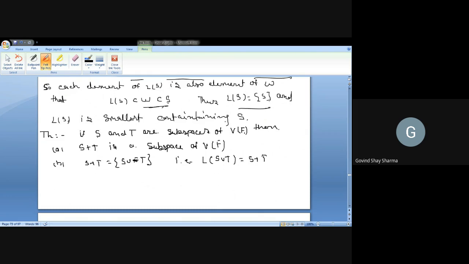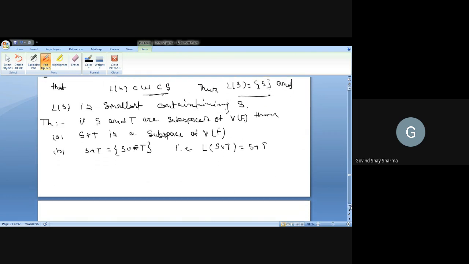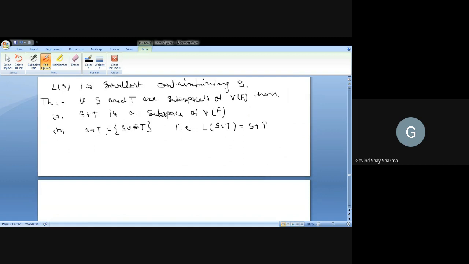Okay. So here we again prove that alpha u plus beta v is part of S plus T. Proof.